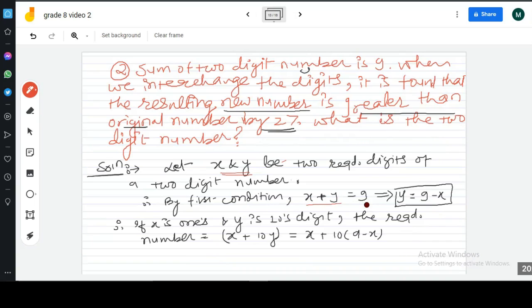So by using this condition, I can convert the second variable in terms of the first one, that is in terms of x. So I can write y equal to 9 minus x, or I can say that the first digit is x and the second digit is 9 minus x. Clear? So now it is clear.